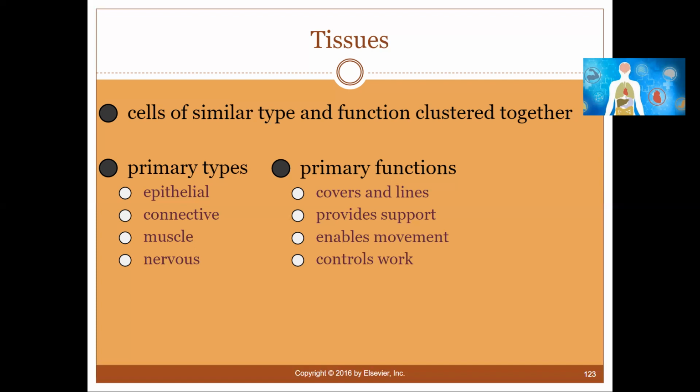Some epithelium is going to have specialized cells that secrete mucus. Our mouths have a little bit of mucus, our nasal cavities, our digestive tracts. So we'll look at some secretions that oftentimes come with epithelial tissue. A covering or a lining. Functionality-wise, that would probably offer some protection.